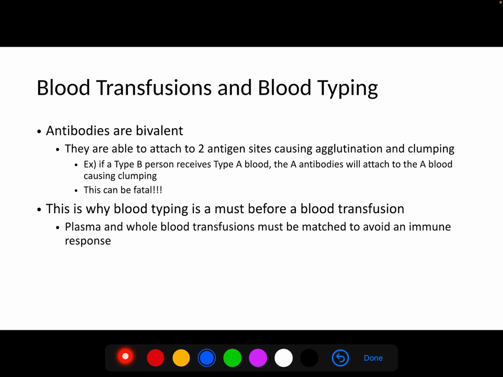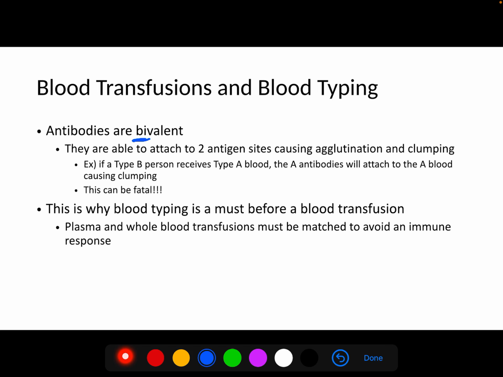How they kind of use this knowledge of the ABO classification system is whenever they're dealing with blood transfusions, blood interactions, and things like that. With antibodies, they do tend to be bivalent. So I did a very simplified drawing. But if you think of the bi means 2.